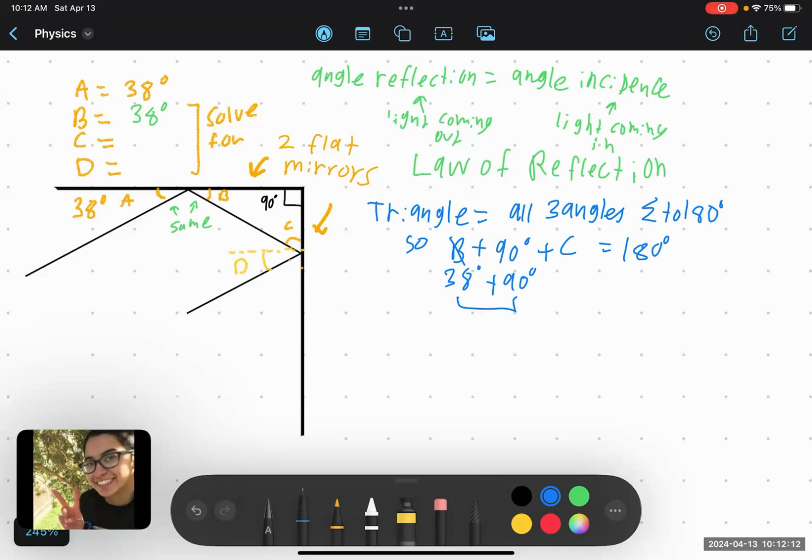Sorry, I'm grabbing my calculator. 128. And then we can move that over there, which should get us 180 minus 128, 52 degrees.